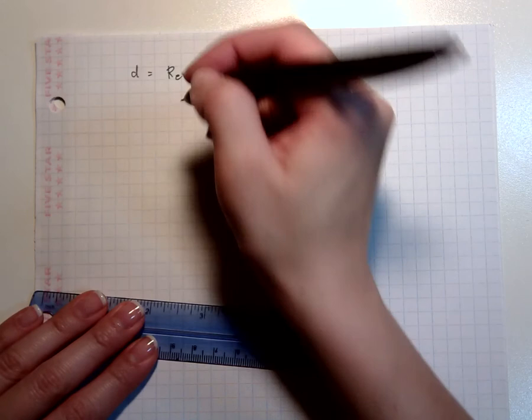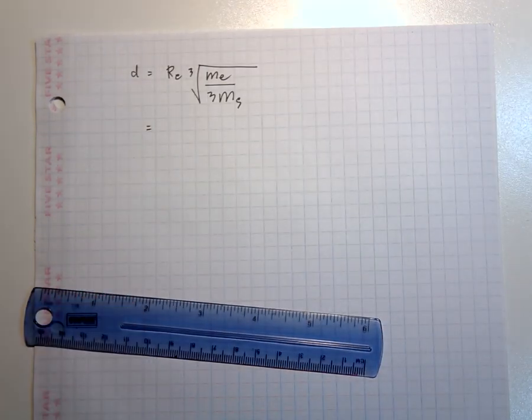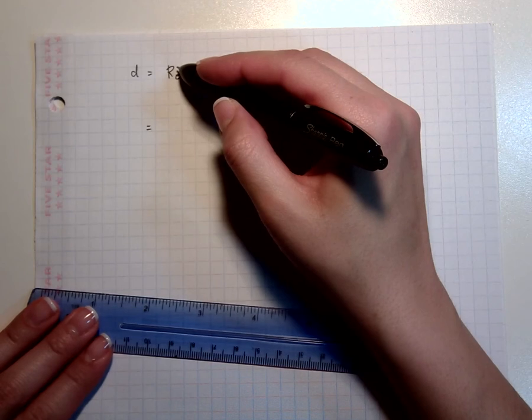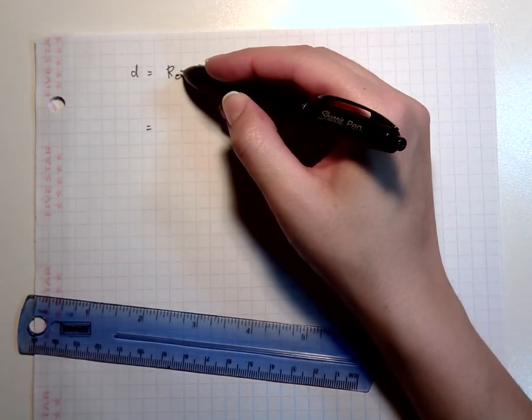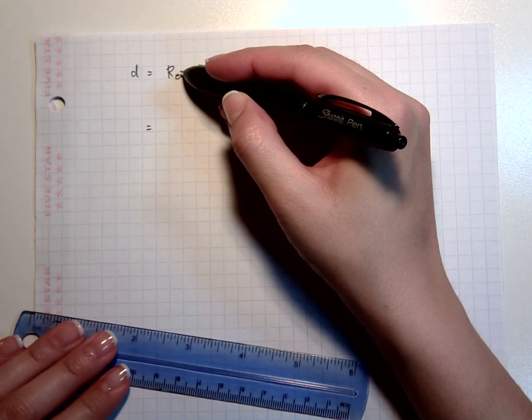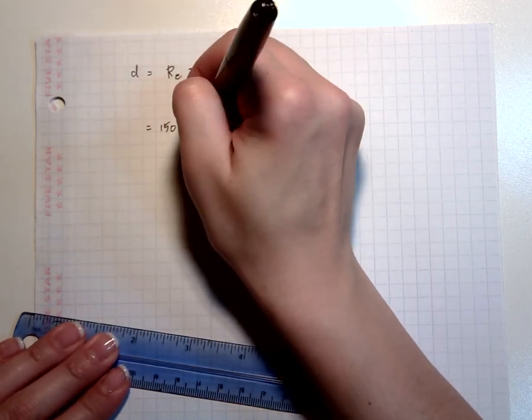So if we plug all of that in, now you've got to be careful that this radius here is not the radius of the Earth, but it's the orbital radius of the Earth. So the orbital radius of the Earth is 150 times 10 to the 9 meters.